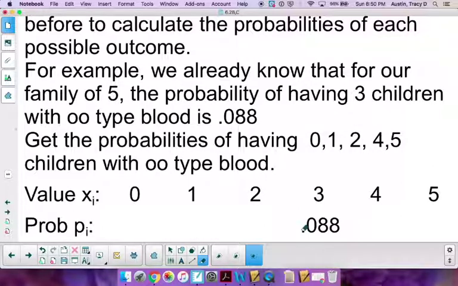So again, not having to go back and do this over and over and over again. You're just having to change your number of successes.